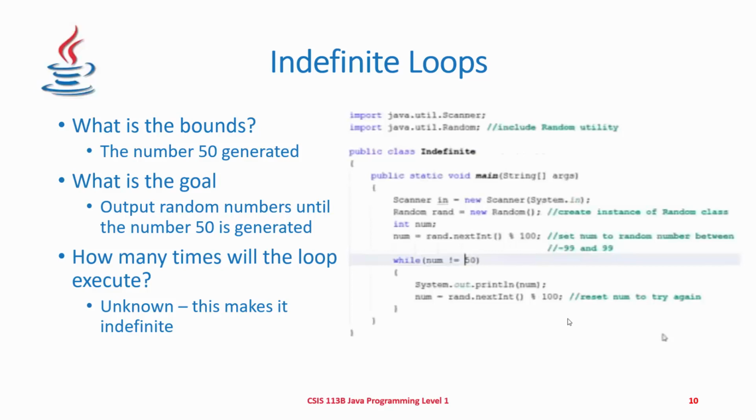The whole idea here is we're running a random number generator, and every time a number is generated, we want to check to see if it's 50 or not. The main thing to understand is that this is indeterminate because we have no idea how many times this loop is going to execute. It's unknown. It could run 10 times before 50 pops up. It could run 100 times before 50 pops up. We don't have any idea of precisely when that's going to occur.